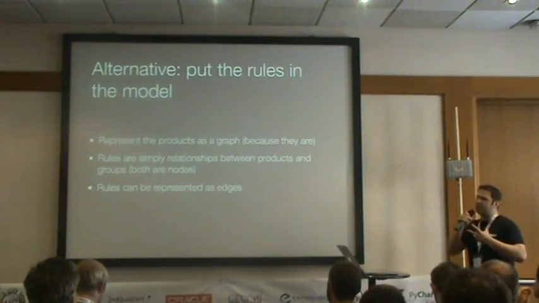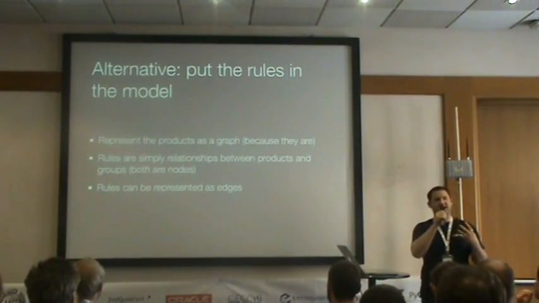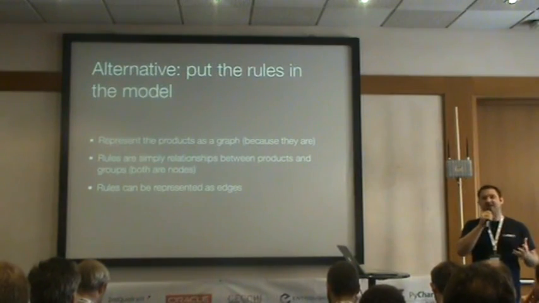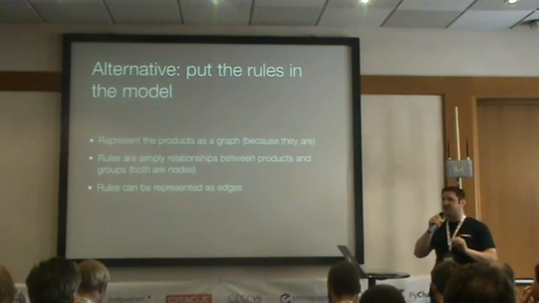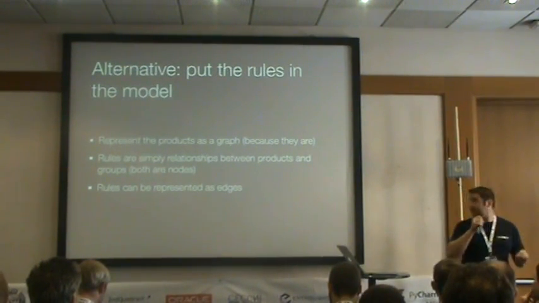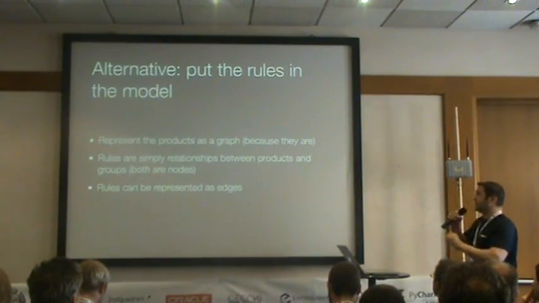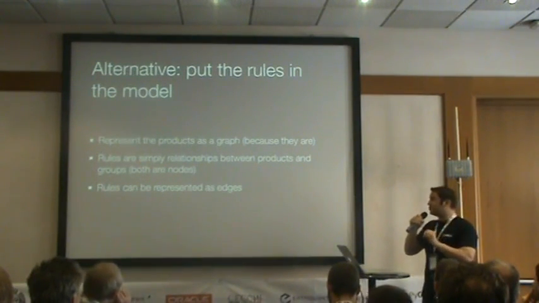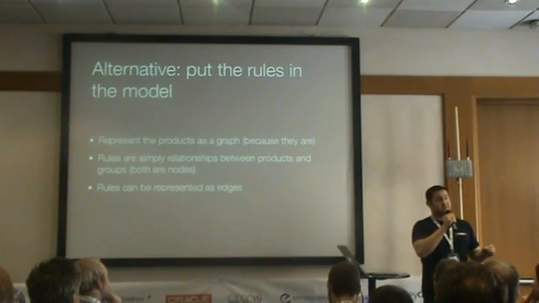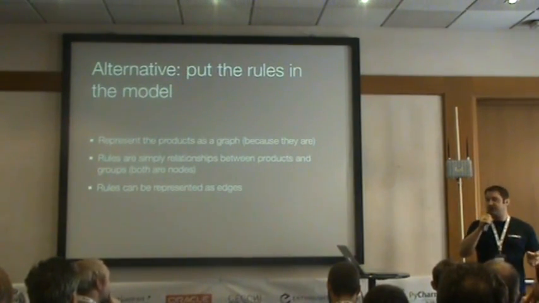And if you try and take the way that the business is looking at it and shove it into some other format, you're just asking for trouble, because then they're going to start expressing requirements to you in ways that don't make any sense. So I say, let's represent our products as graphs, because that's what they are. A graph is something that has nodes, and it has edges.